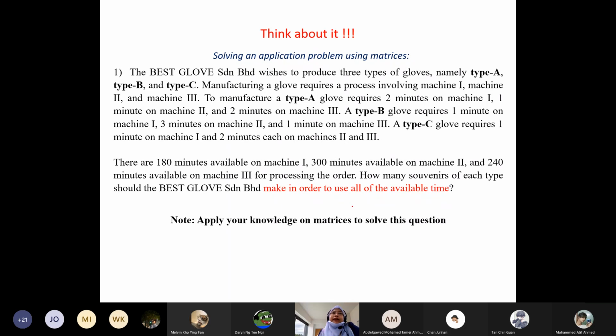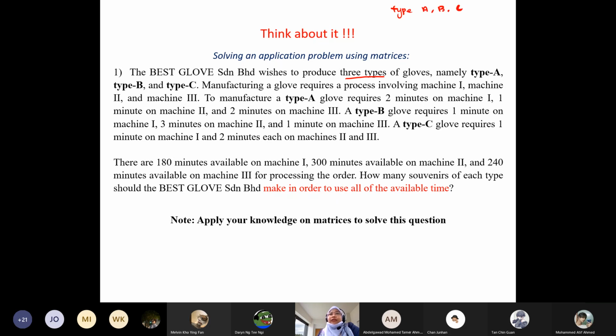So the company wishes to produce 3 types of glove. We have type A, B, and C.